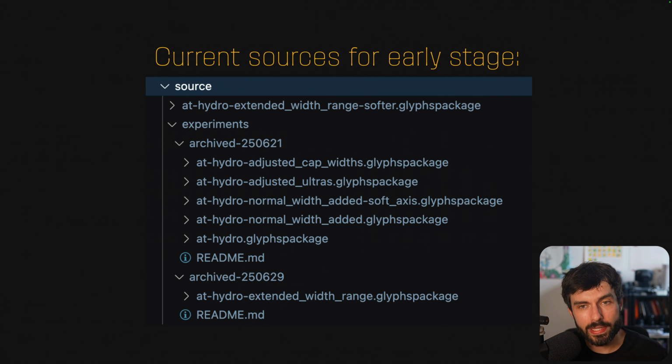So for an early stage font project, the yellow font here, it's got kind of a latest source, but I also archive sources as I go, and I decide to split it off sometimes. If I'm going to try something like changing the width range, making the condensed a lot more condensed and the wide a lot more wide, or making some aspect of it softer, I don't really have a perfect approach to this.